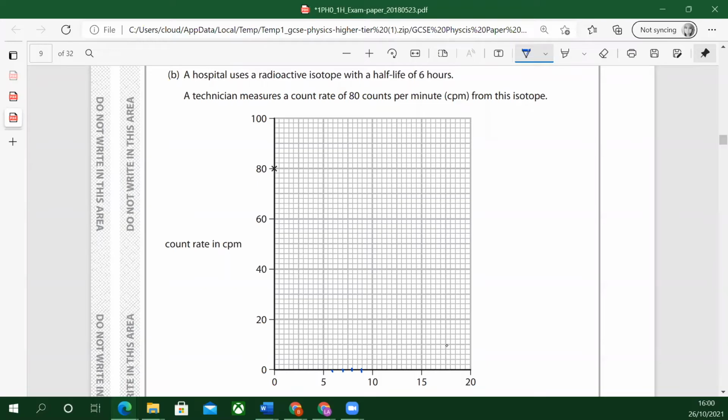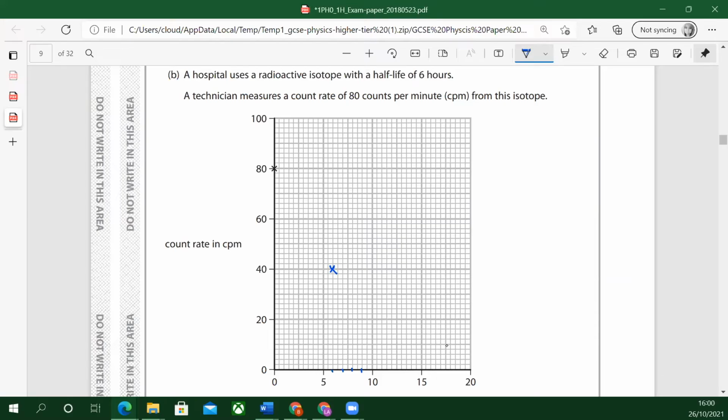So one half-life in the case of this isotope, every isotope's different, so we'll be told what it is, or we can work it out, we want to remember certain things like that. So 6 hours, going up from 6, it will be down to 40, because 40 is half of 80.